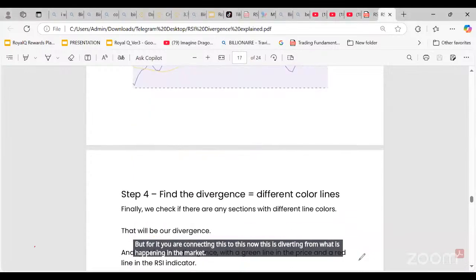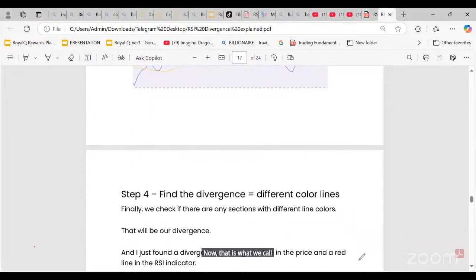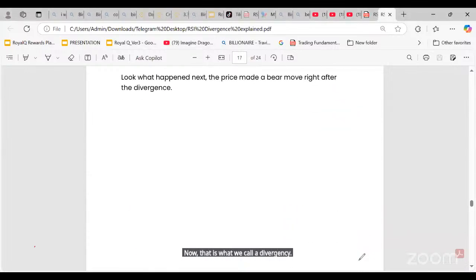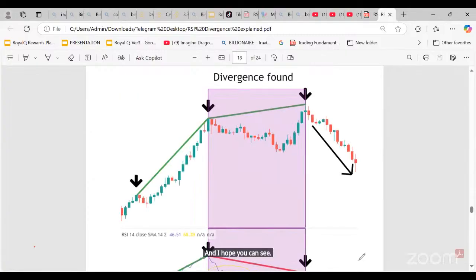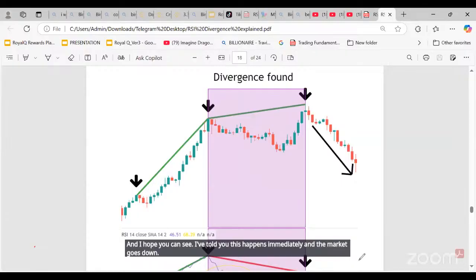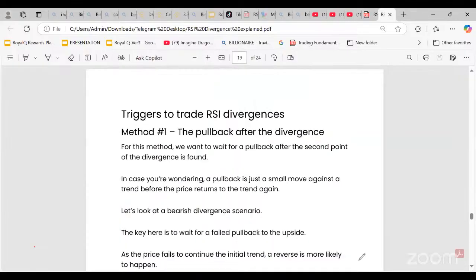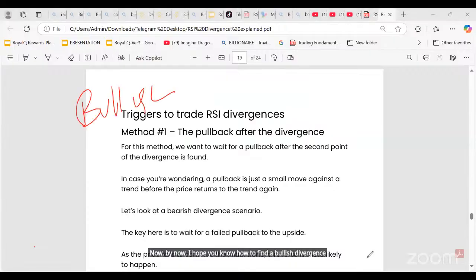That is what we call a divergence. I've told you this happens immediately and the market goes down.